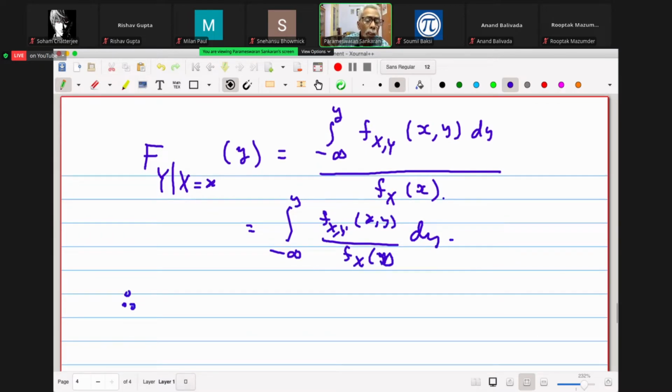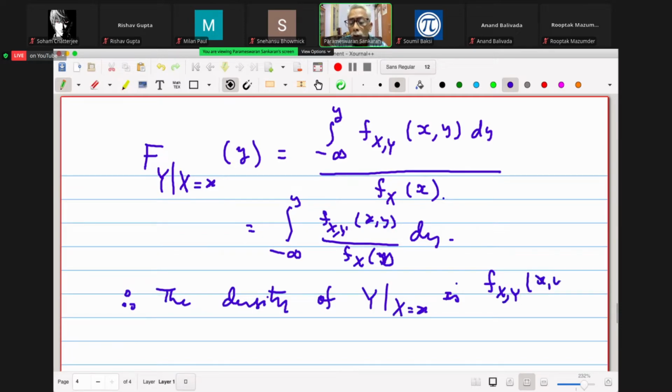Therefore, the density of Y given X equals x is f_XY(x, y) divided by f_X(x).